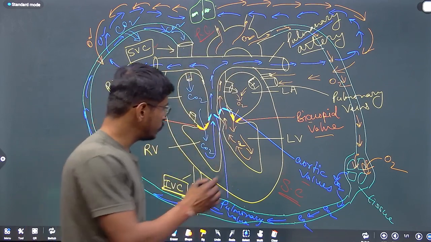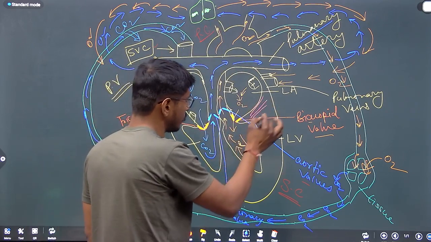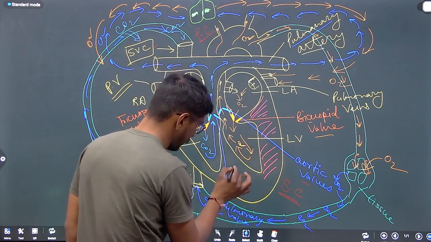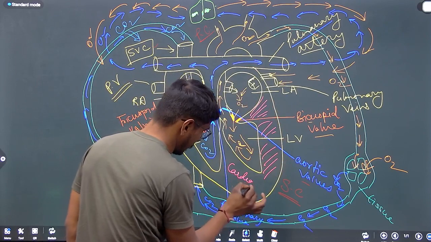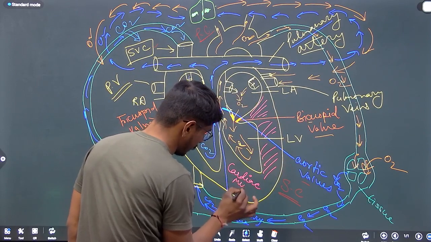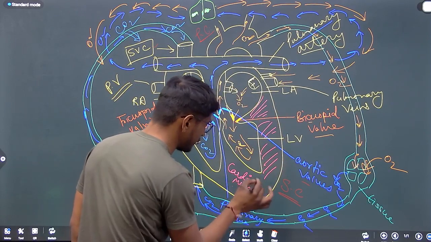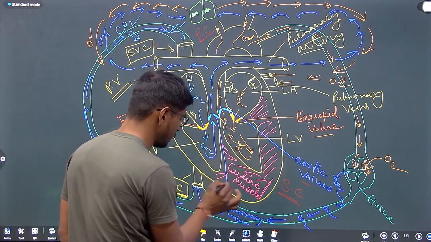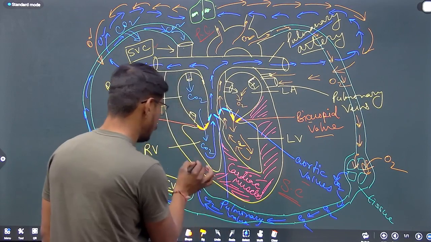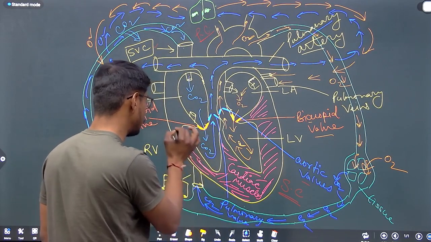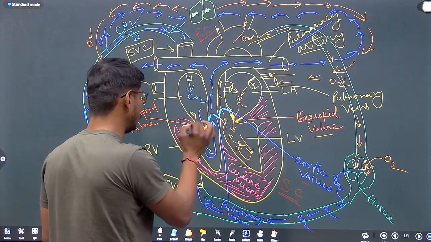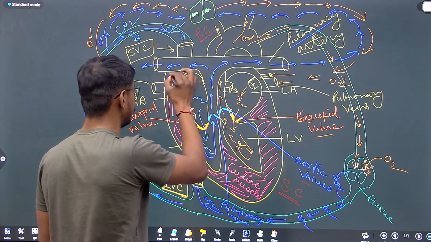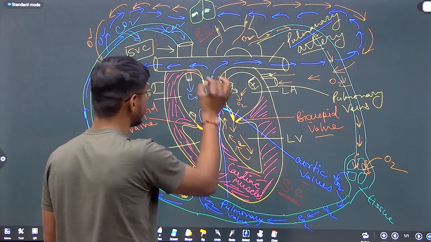Okay, so we do have certain cardiac muscles here, and these cardiac muscles are around these 4 boxes that we call atrium and ventricles.